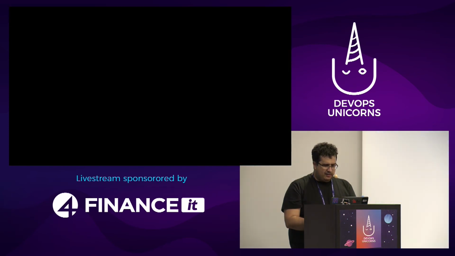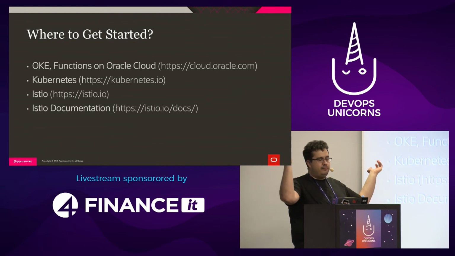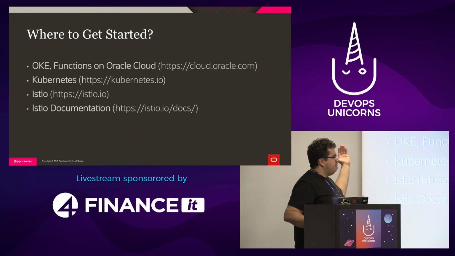Let's go back here. I have 3 minutes. Just a couple of things where you can get started. Kubernetes.io for all your Kubernetes needs. I mentioned OKE functions on Oracle Cloud. Feel free to use it anywhere else, but it's the same managed Kubernetes that's on all the clouds.